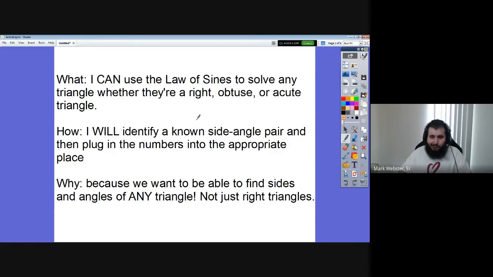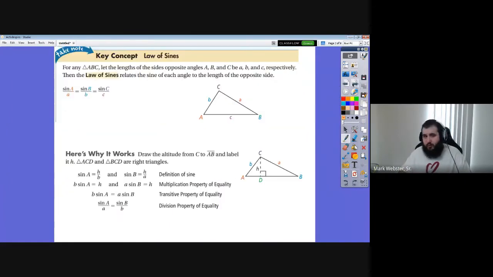All right? And this is going to help us work with any triangle, not just acute, not just obtuse, not just right. All triangles are now available to us as long as they have that good angle side pair. So let's talk about what the law of sines says.